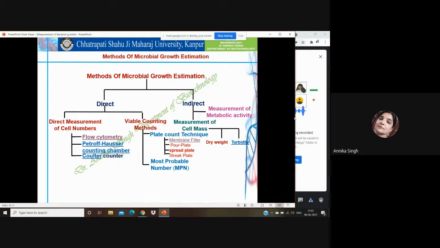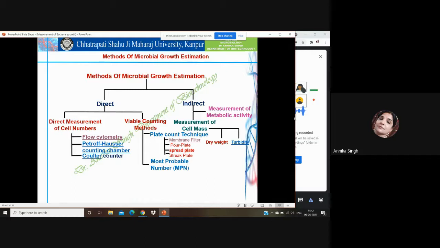While the indirect counting method depends upon either measurement of total cell mass, which itself can be done by measuring the dry weight or by observing the turbidity. Another indirect method is the measurement of metabolic activity.